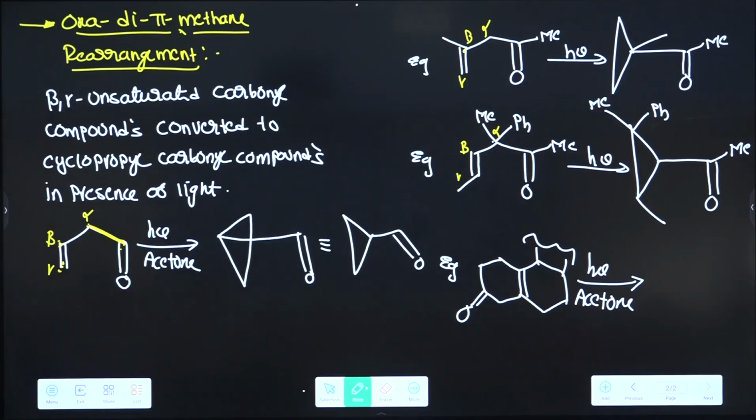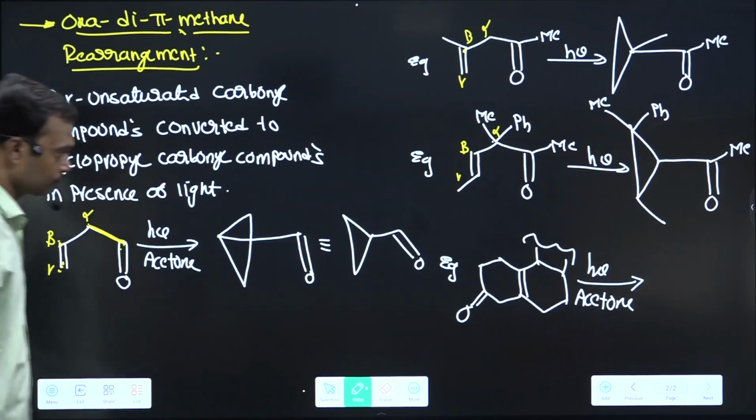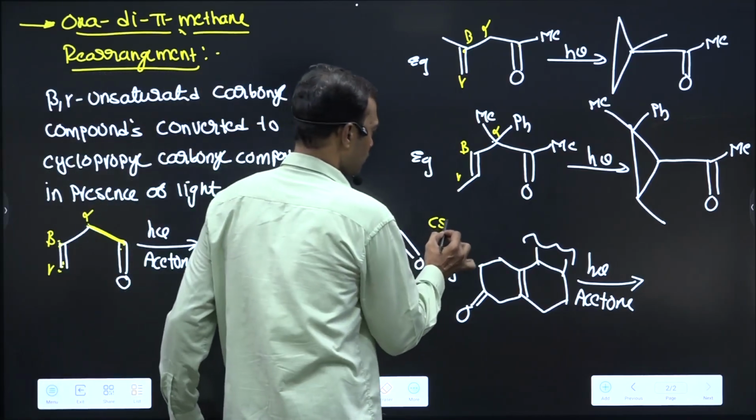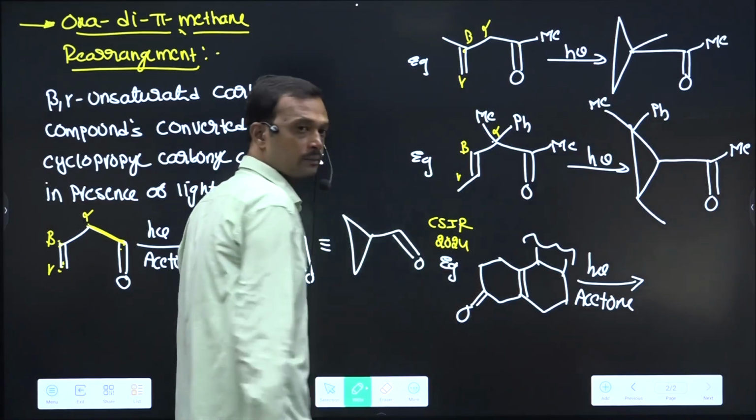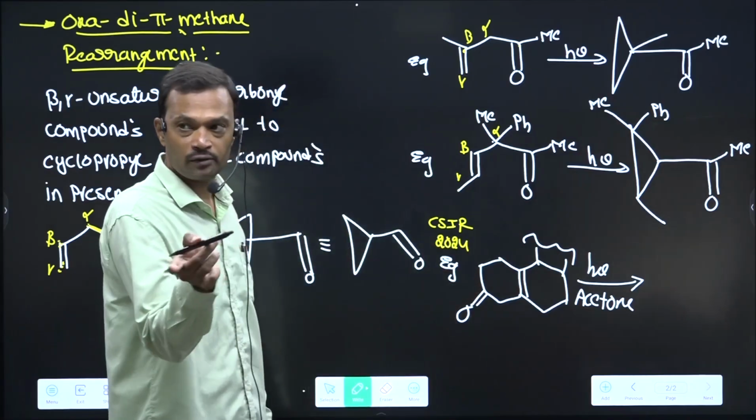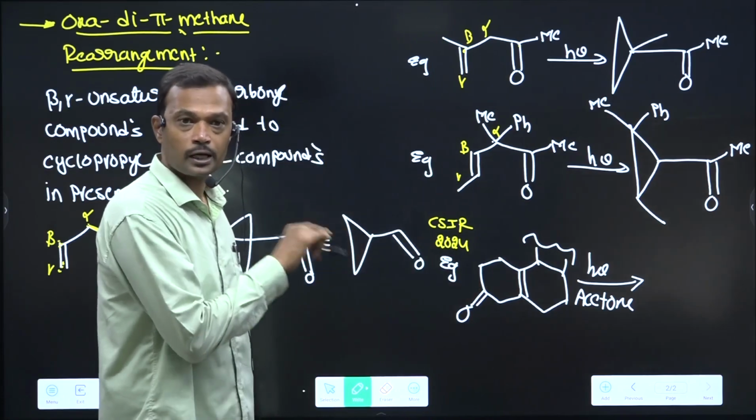That is a question which was given in the CSIR exam of 2024. On the right side they gave Narish one, on the left side they gave oxa-di-pi-methane.